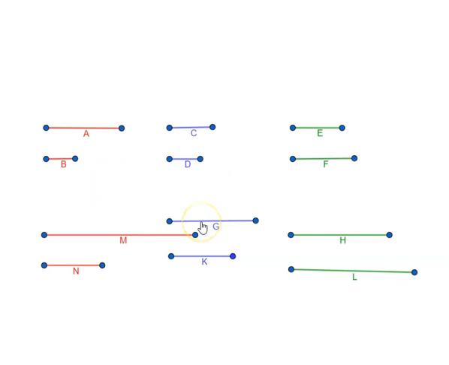The proposition says that if a first magnitude has to a second magnitude the same ratio as a third has to the fourth, and the third has to the fourth a greater ratio than the fifth to a sixth, then the first also has to the second a ratio greater than the fifth to the sixth.